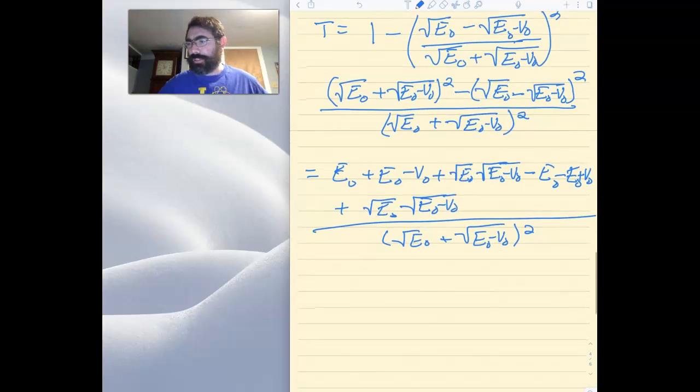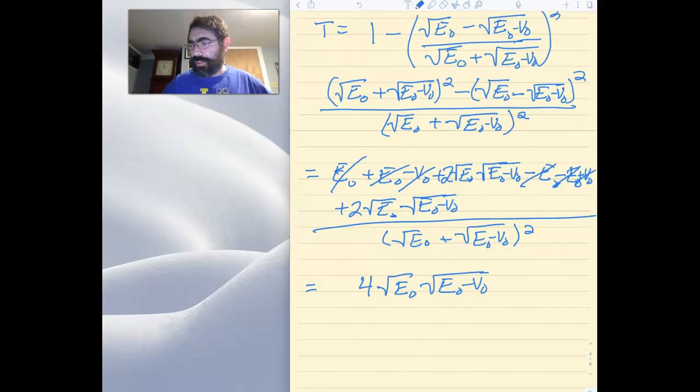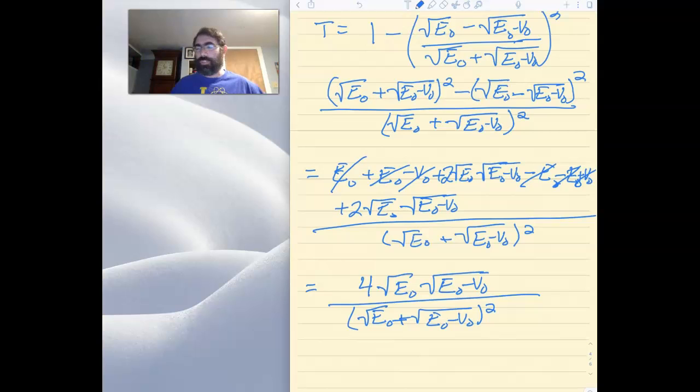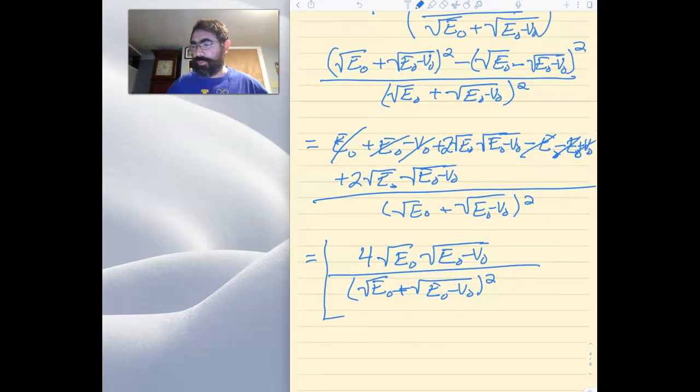And so you notice that we get a bunch of stuff canceling, and we're left with, sorry, there's a 2 in front of here. So we get 4 times the square root of E naught times the square root of E naught minus V naught over this stuff squared. And so that is the transmission coefficient.